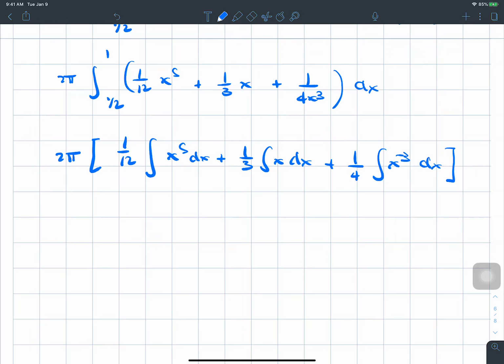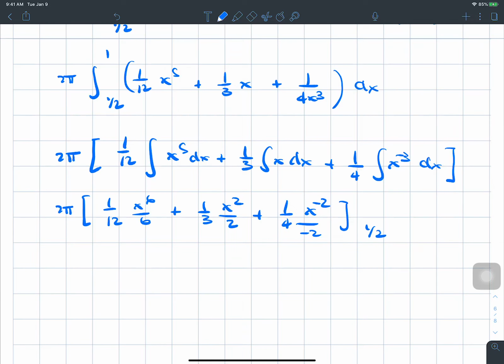Yeah, just use properties of integrals here. 2 pi, 1 over 12 now. This is x to the 6 over 6 plus 1/3 x squared over 2 plus 1/4 x to the minus 2 over minus 2. And this is from 1/2 to 1.